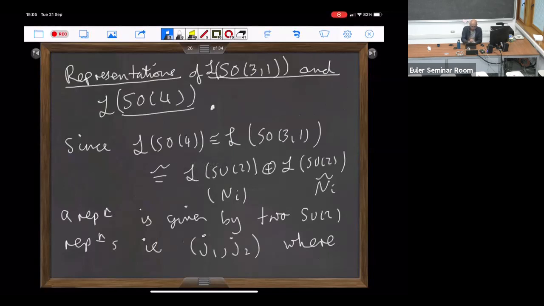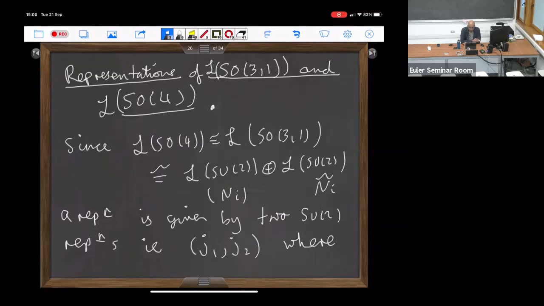All right. So now, having established this, we can start talking about the representations. So what we're going to spend the rest of the time today and probably a little bit more on Thursday doing is studying the representations of these two isomorphic Lie algebras.